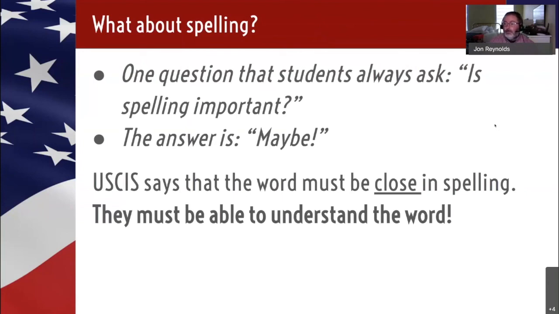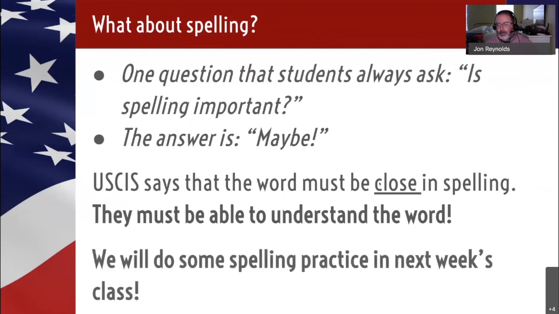So again, that's one of the things we're going to practice next week, is practicing with those important words. Okay, so once again, everybody, spelling is important, but it is not exactly the most important. We need to be close, okay? So hopefully you guys were close in most of the words, but you do need to practice them, okay?